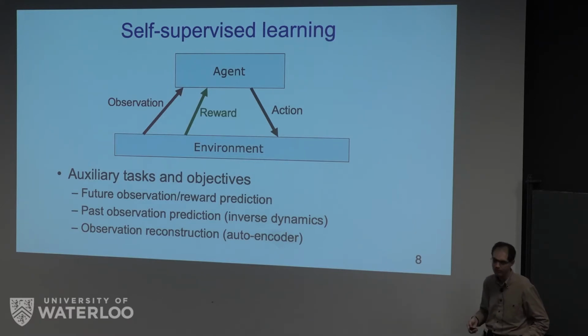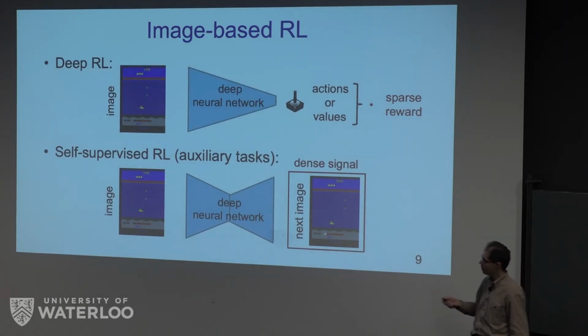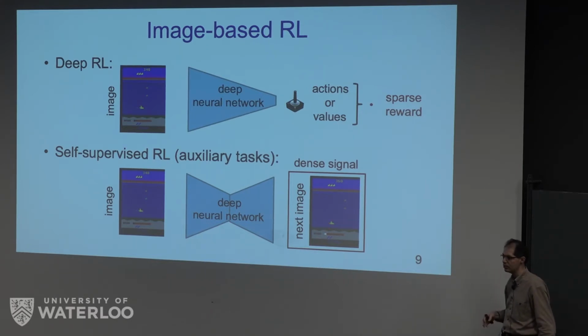Okay, so now if we go back to our reinforcement learning setting, let's say that we want to use the next image to drive the learning faster. We've seen how things work traditionally in deep reinforcement learning. Now, once we do self-supervised reinforcement learning, our deep neural network could be used to compute actions and values, but it could also be used to simply predict what the next image is going to be.